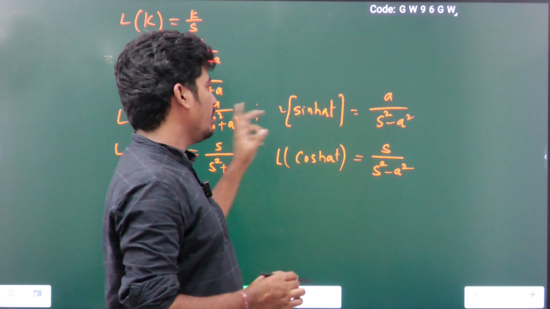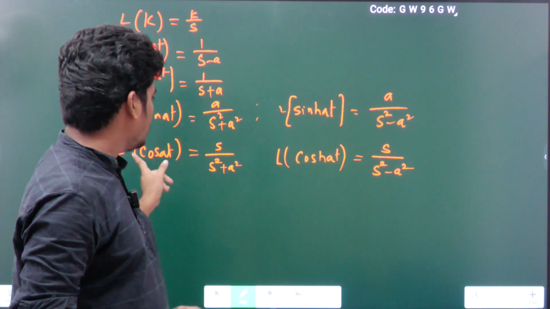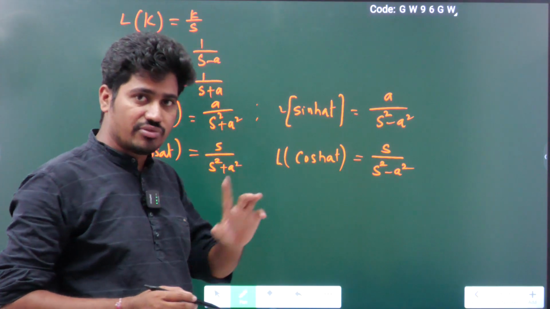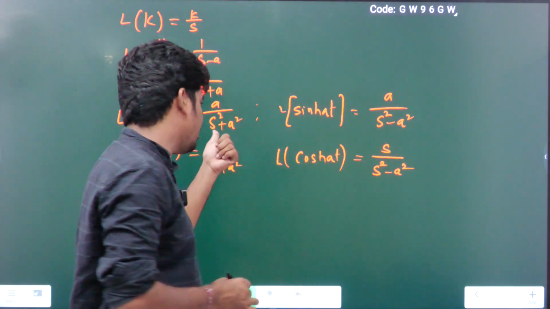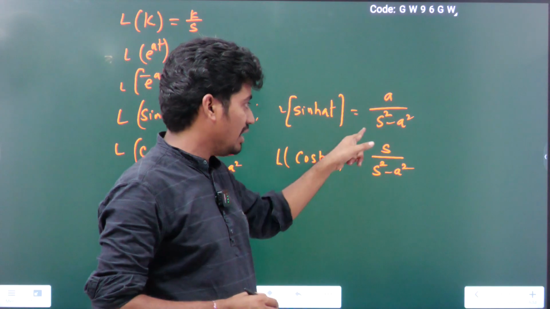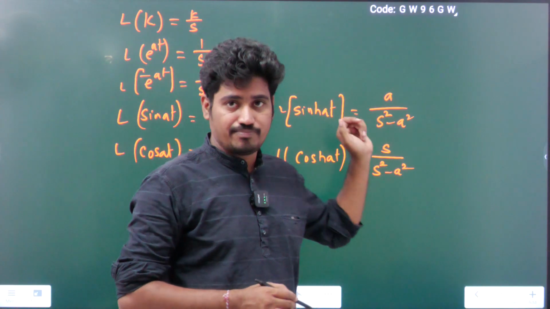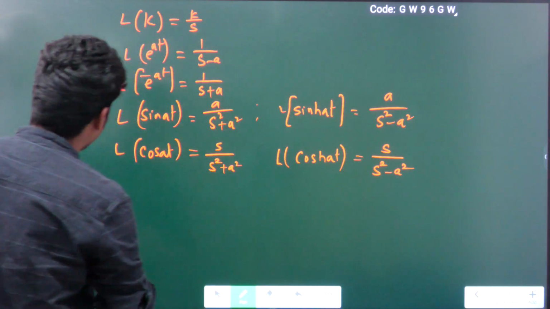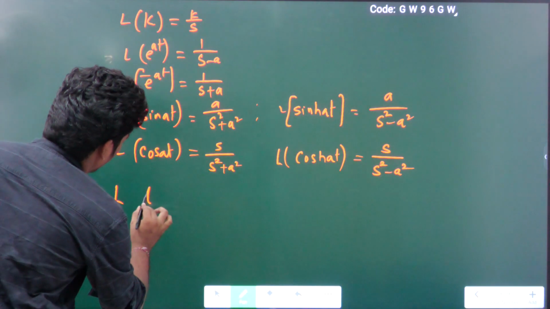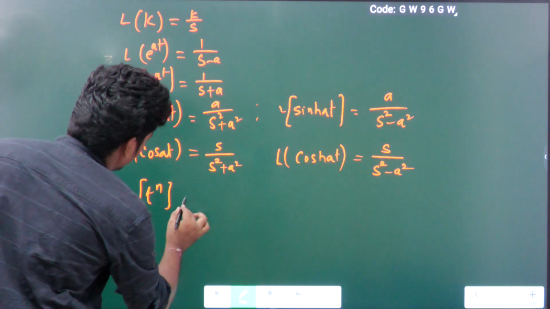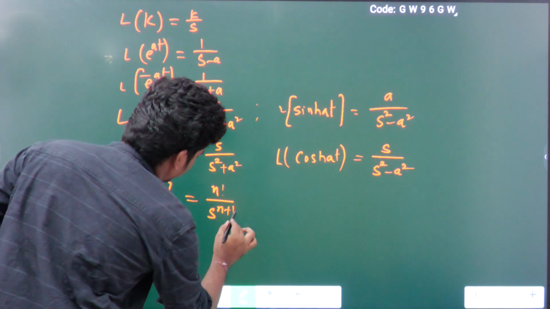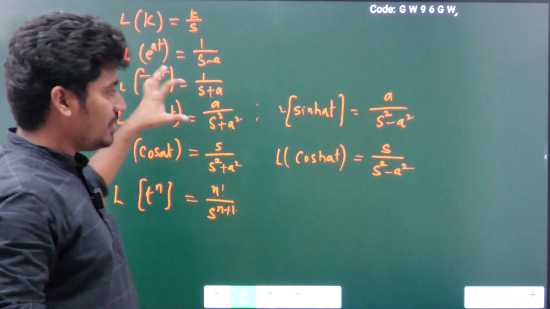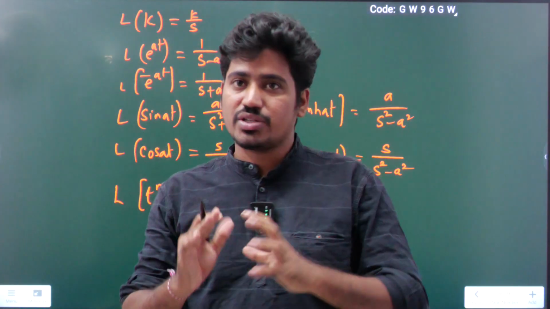For sin, the numerator will be a constant; for cos, the numerator will be s. That is the first point. If it is h, the denominator instead of s square plus becomes s square minus. This part is very important. Next, the Laplace transformation of t power n is equal to n factorial divided by s power n plus 1. So these are the required formulas for the Laplace transformation.